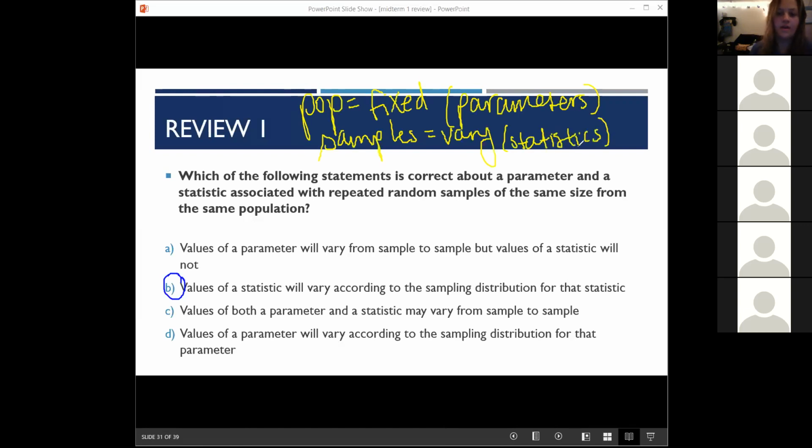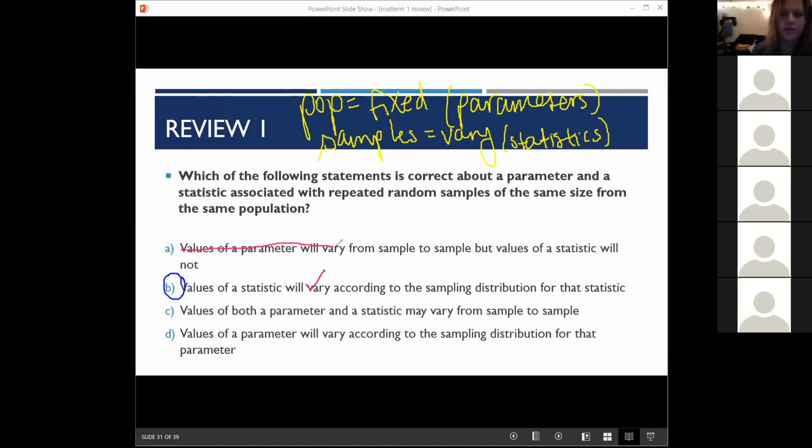So our answer will be B because it's the only one discussing that the values of a statistic are going to vary, according to the sampling distribution for that statistic, which is true.